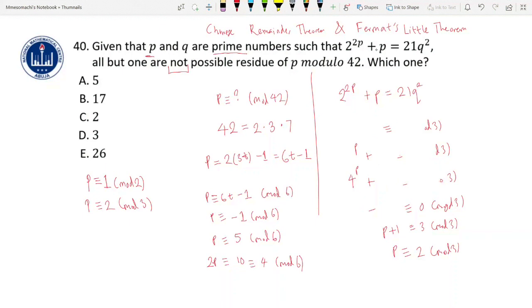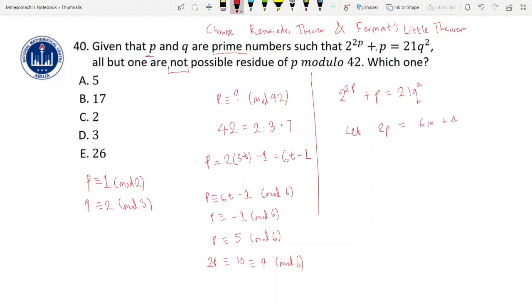Basically, I'm going to apply Fermat's little theorem here. Since 2P is congruent to 4 mod 6, we can let 2P be equal to some 6m plus 4. And then we put that in the power.